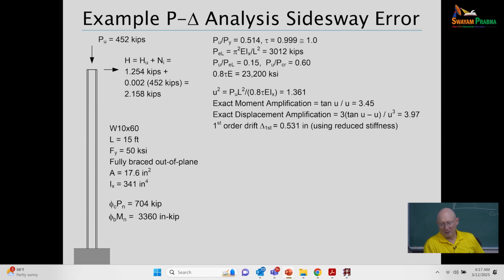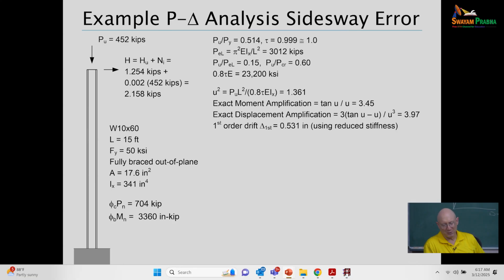Very broadly, that exact solution from solving the governing differential equations is that, for all the parameters I'm giving you here, we've got a moment amplification of 3.45. That's a little bit smaller than the displacement amplification, 3.97.